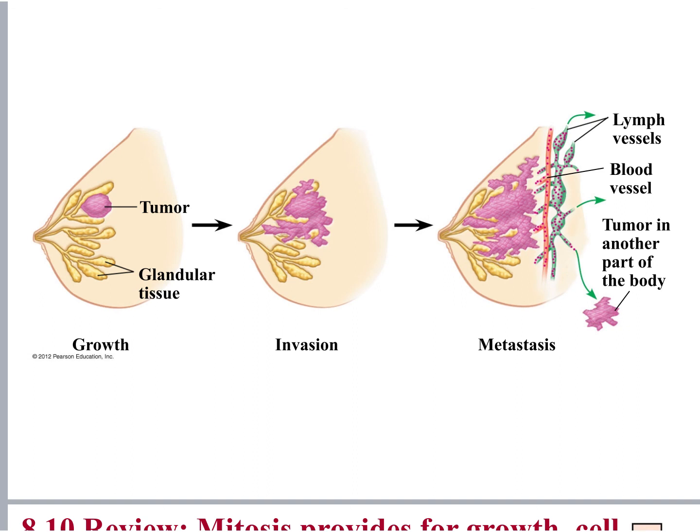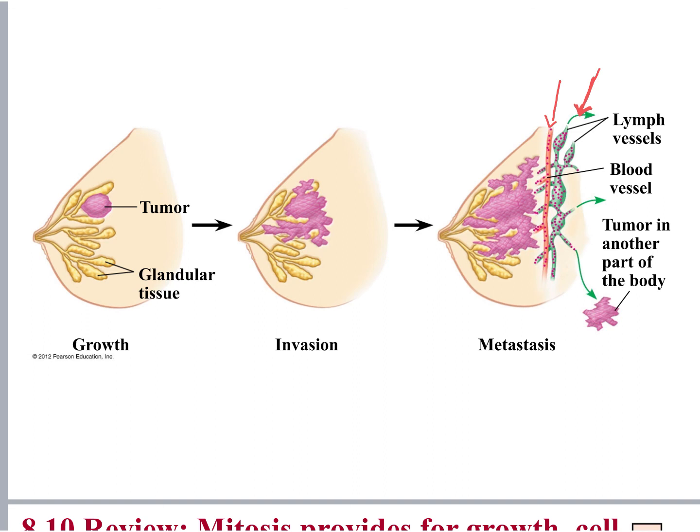Here's an image of, just for instance, breast cancer. Breast tissue is very well vascularized, meaning it has a really good blood supply. And it's got other vessels too that aren't carrying blood, but they carry kind of a clear fluid. These are called lymph vessels or lymphatic vessels.